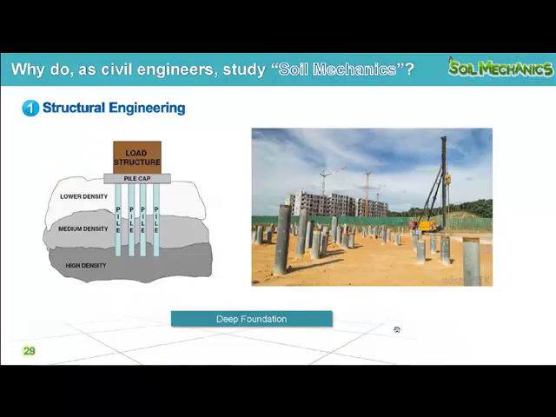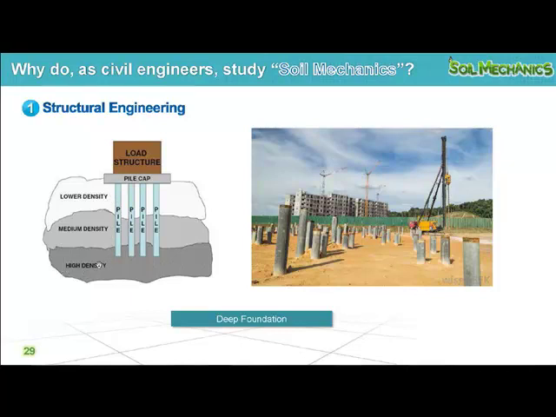This picture shows an example of a deep foundation, that is a driven pile. This structure loads from the superstructure, and here is a pile. We install the pile into high density soil or hard soil.